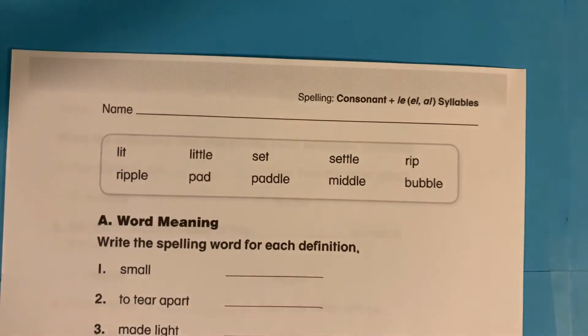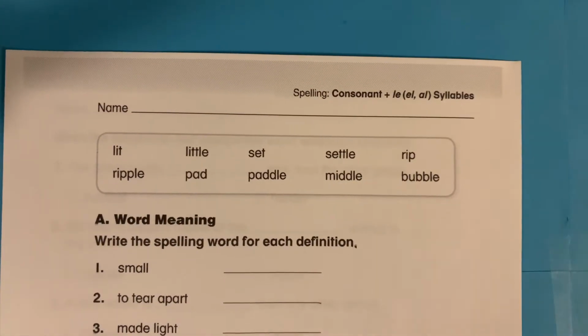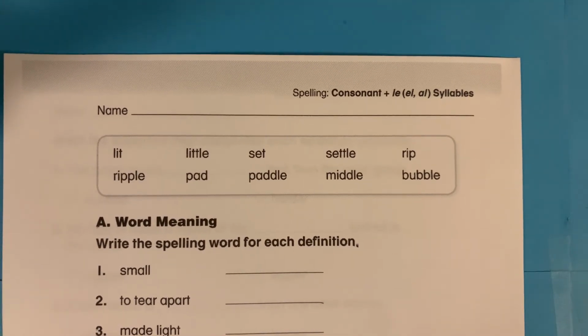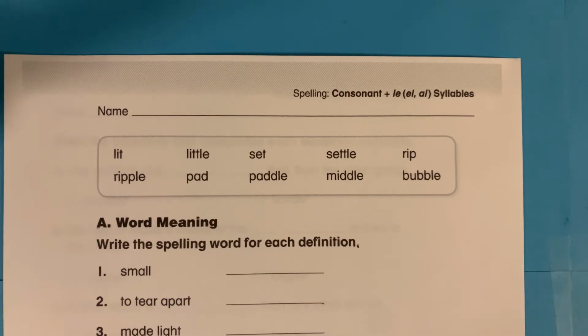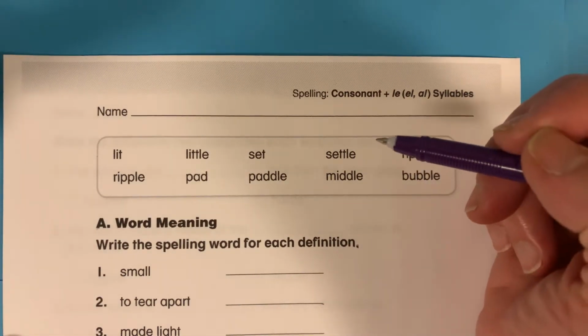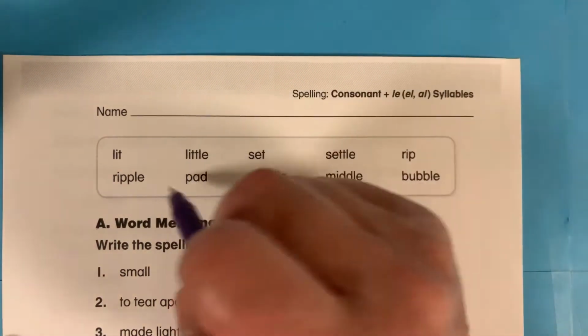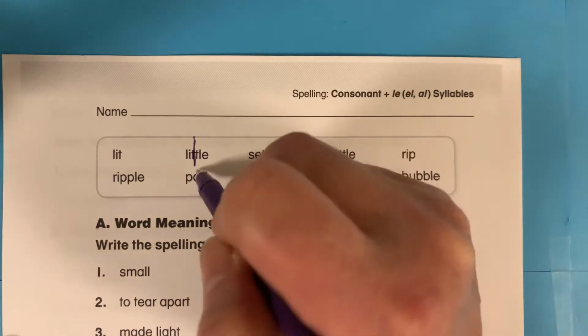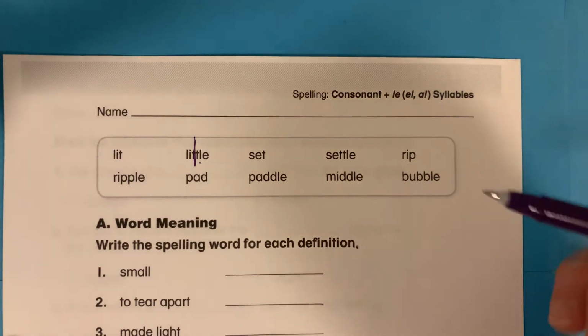Next, we have been talking about the sound ul at the end of words, and that when ul is part of a syllable and you're dividing the word into syllables, you usually grab that last consonant to go with that side of the division of a syllable. So little, we keep that T when we divide the word.